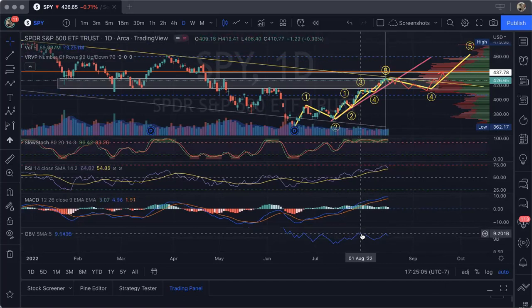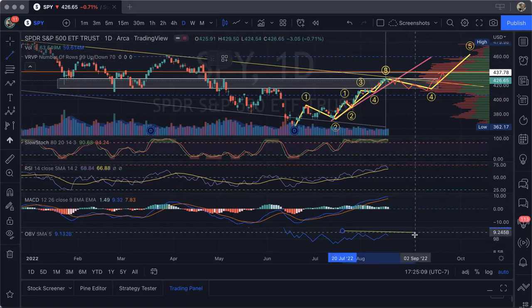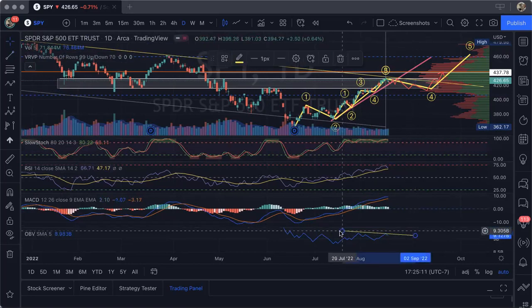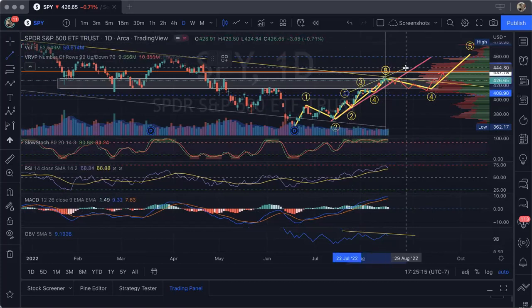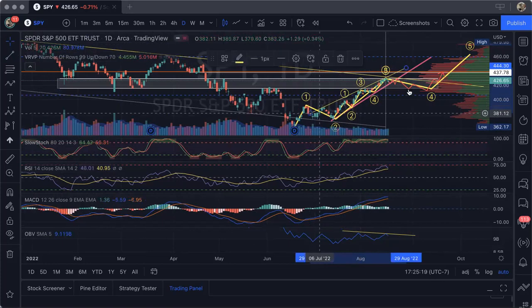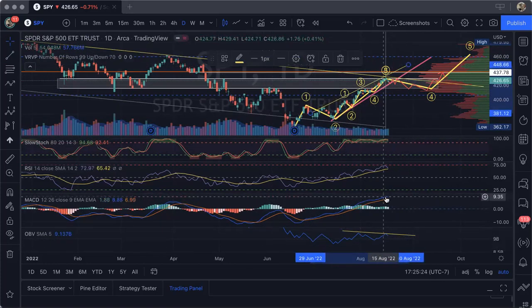You could tell me here that there is some divergence that's coming down here, while 3 to 5 here, we're going further up. So keep that in mind. That's a possibility. Let's analyze this a little bit further. MACD inconclusive, but starting to curl just a bit.